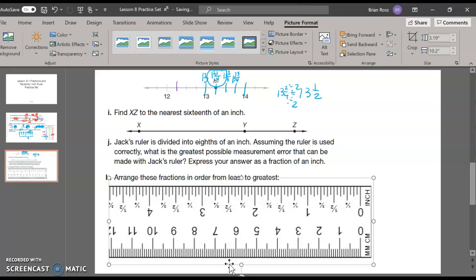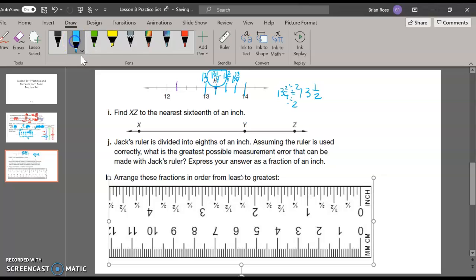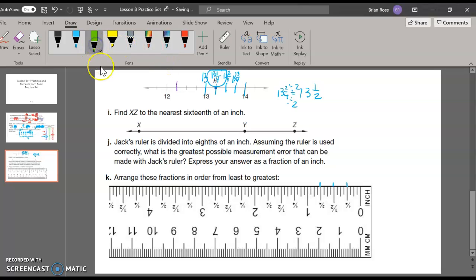So let's see if it'll let me draw on this. Here we go. So what you see here is from 0, 1, 2, 3, 4 inches. You know, it's upside down. And then you see this is 1/4, this is 1/2, this is 3/4. Okay? The next size that you're going to see that's large is eighths. So my green are the eighths.